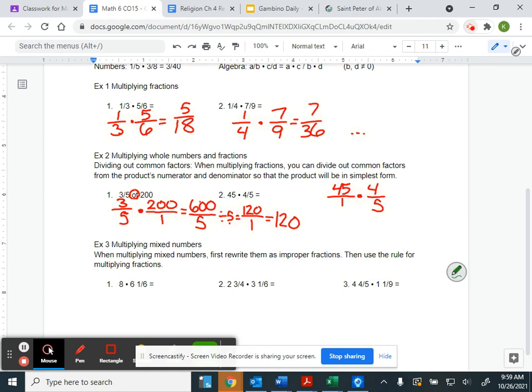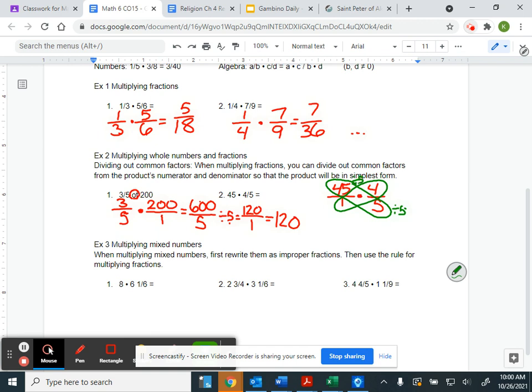So to cross simplify, we look at the diagonals. Is there a common factor we can divide out? So the 45 and 5, what could I divide out, Bria? We can divide a 5 out of 45 and a 5 out of 5.